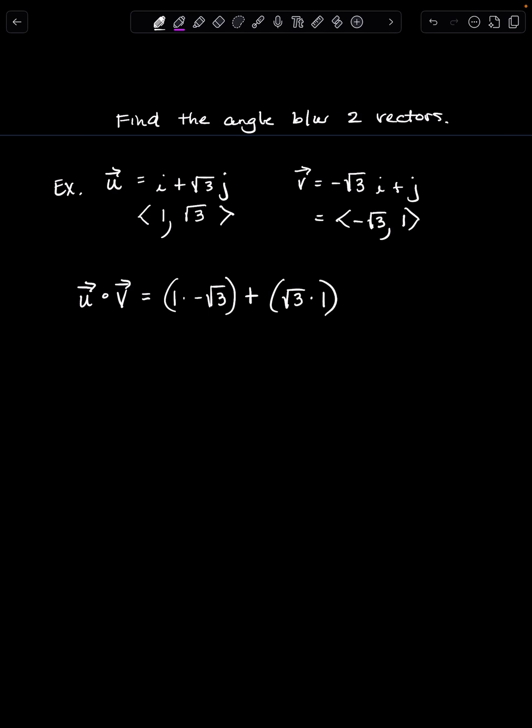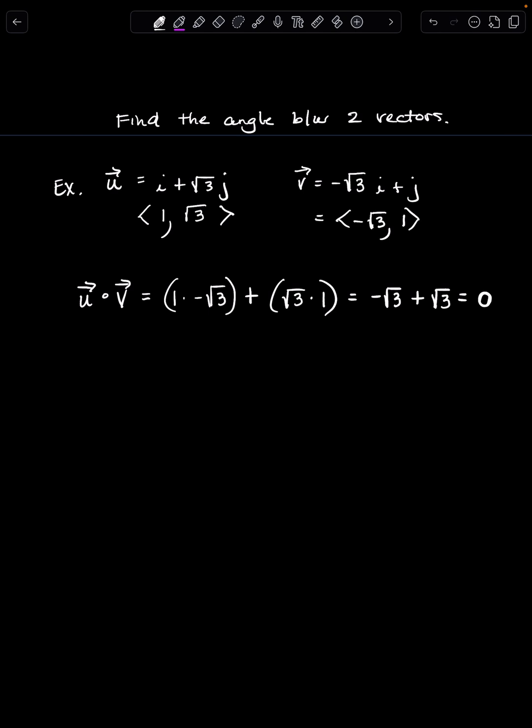All right, so if you're just asked to find the dot product, remember you're getting a number. So I've got 1 times negative root 3, which is negative root 3, plus root 3 times 1 is positive root 3, which means my dot product is 0.